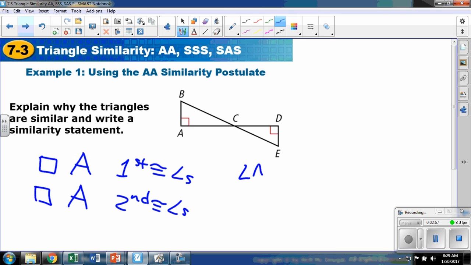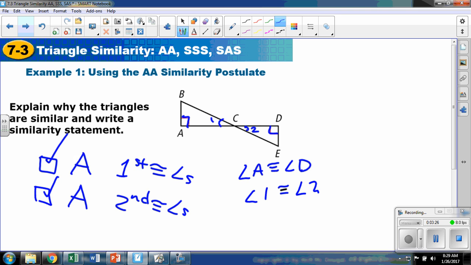Well, angle A is congruent to angle D. They're both 90s. We know that all right angles are congruent. That's 1. Also, we have vertical angles here in the center. So I'm just going to label it angle 1 and angle 2 just to make it easier to write. Angle 1 is congruent to angle 2 because they're vertical.